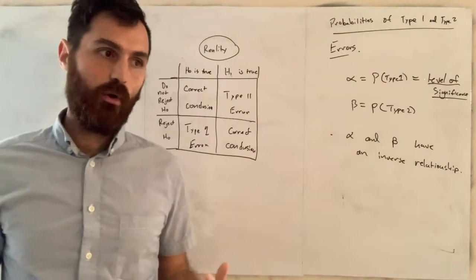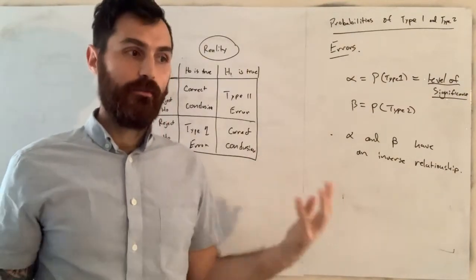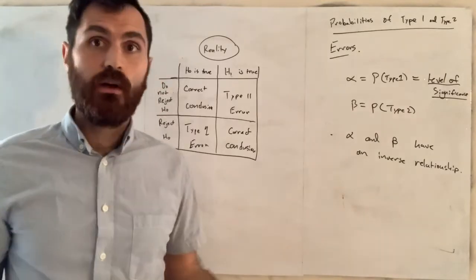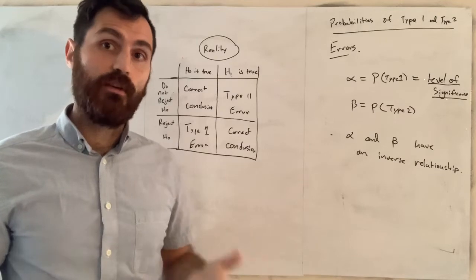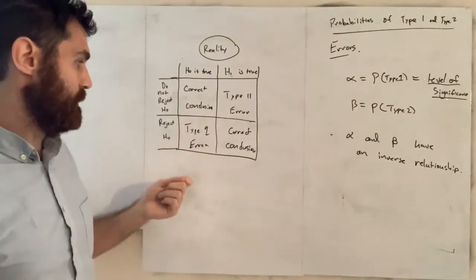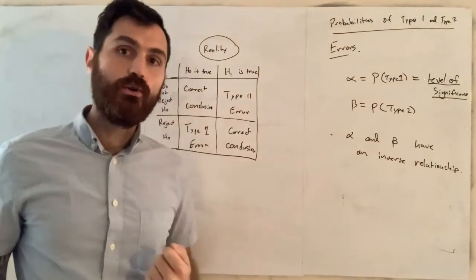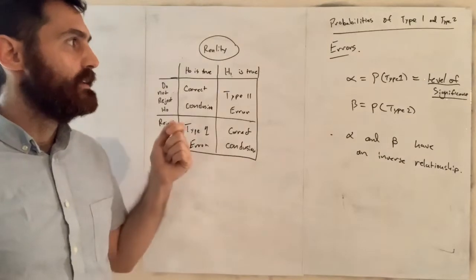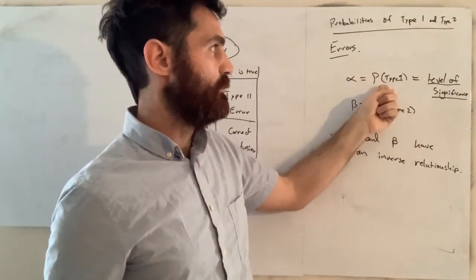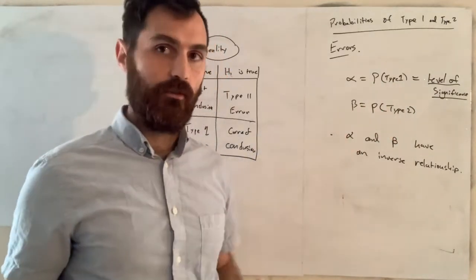So, for example, you have a jury of 12 peers, and you have to have a unanimous decision from the jury in order to convict, in order to reject the innocence of that person. So what you're doing is you're actually setting the probability that you make a type 1 error. So you're setting the level of significance.